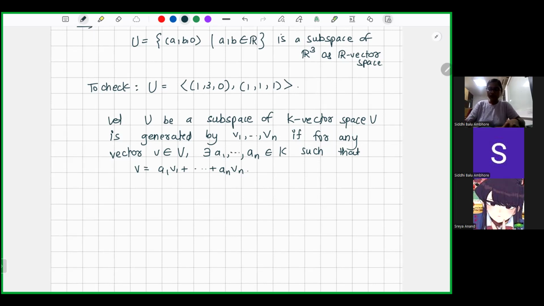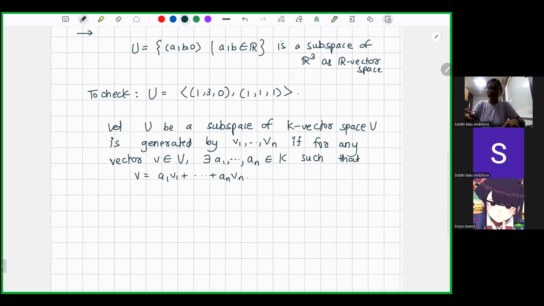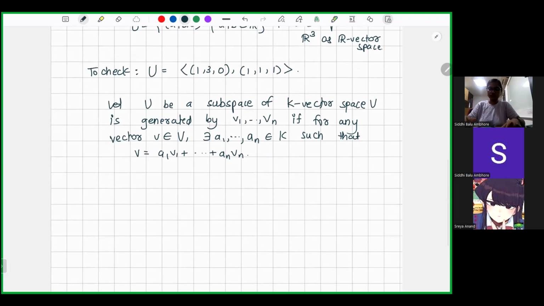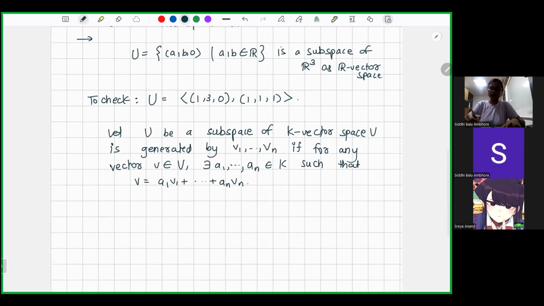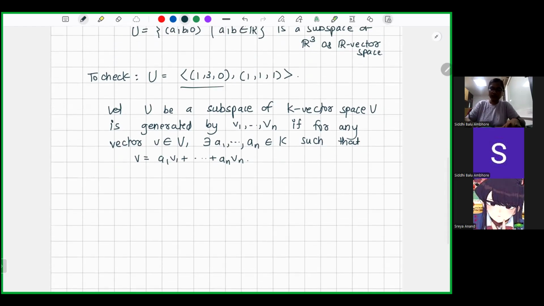What we need to check is whether this U is generated by them. If you notice, in the notes they write this as Kx1, Kx1 plus Kxn, and so on.